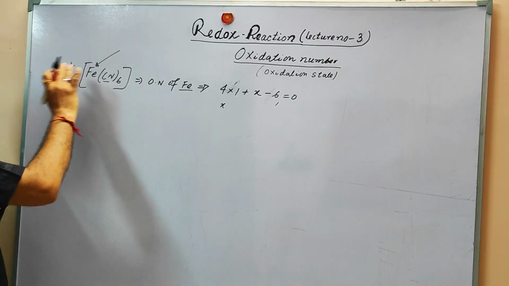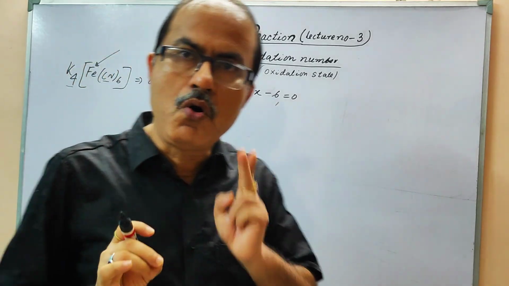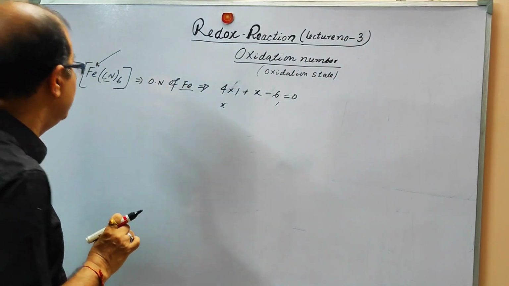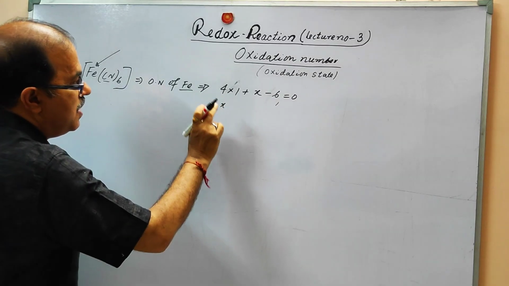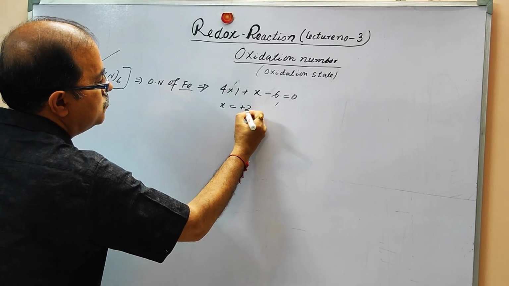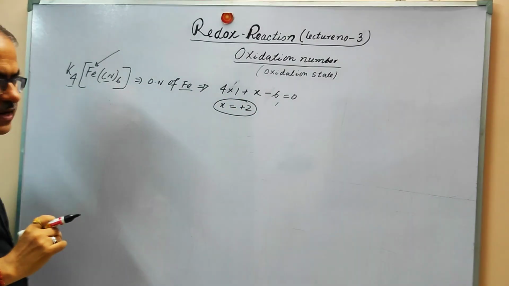For a neutral compound, the sum of the oxidation numbers of all the atoms is 0, and at that time we can find this X equal to +2. That is, the oxidation number of Fe is +2.